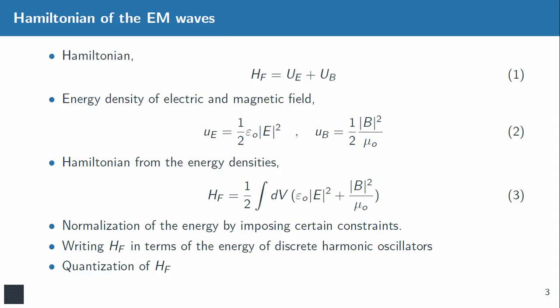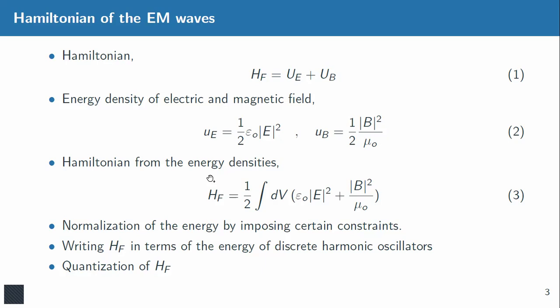So we know the concept of the Hamiltonian, and it is described as the total energy of the system. For the case of EM waves, we can write it as the sum of the energy of the electric field and magnetic field. We also know the energy density of the electric field and magnetic field from our elementary physics classes.